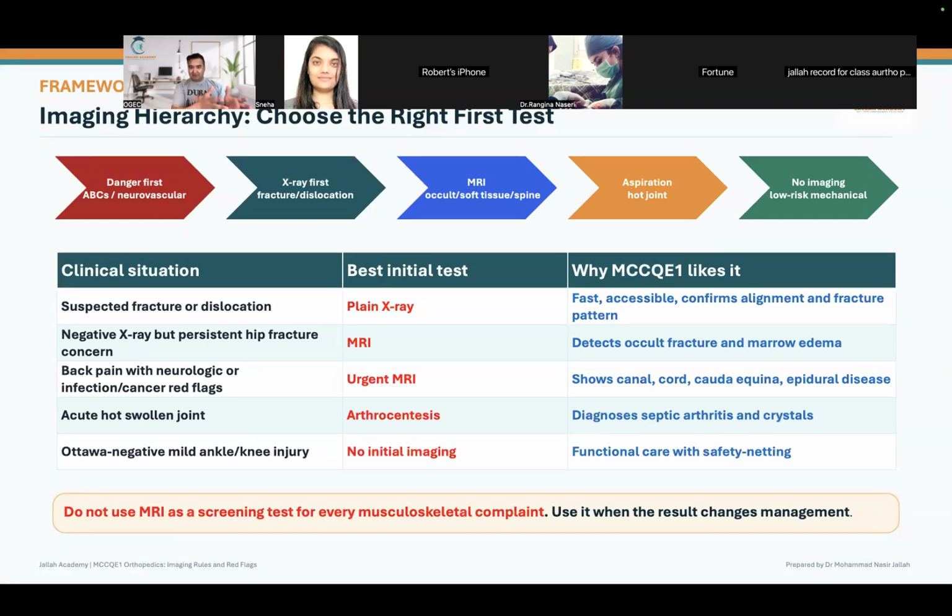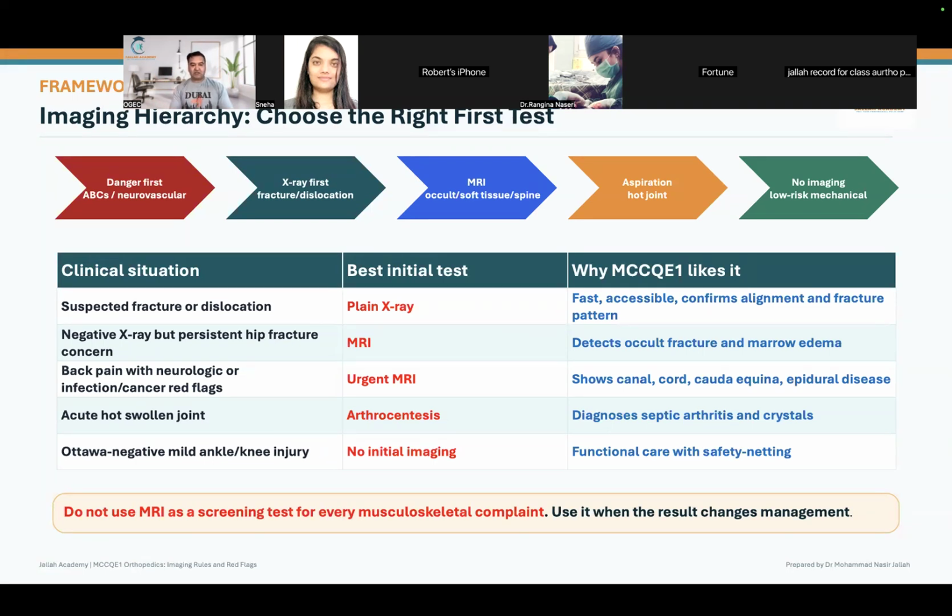So if it is not helping me, I need something better to give me a better idea or a better visibility of the injury. So you go ahead and do the MRI. It detects occult fracture and marrow edema, which is sometimes missed. In most cases, it will be missed by the X-ray.